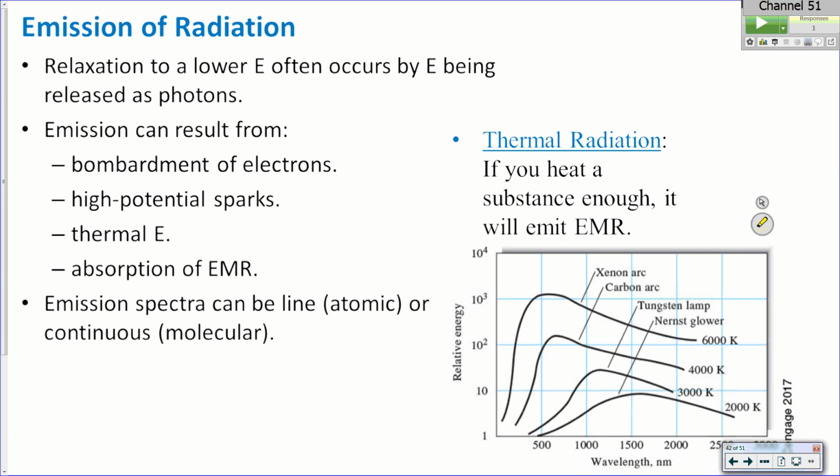So in the emission of radiation, the relaxation event is when you go to a lower energy level, and sometimes that occurs by the release of photons. How often is it radiative versus non-radiative? It really depends on the sample. Some things are more prone to emit light depending on the structure.